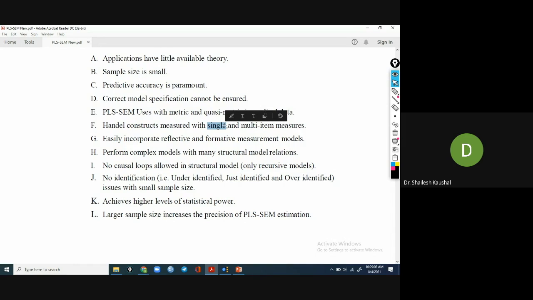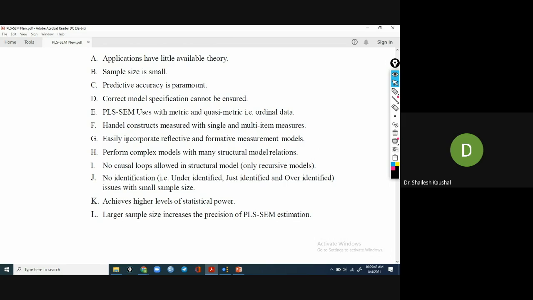But in CBSEM, each construct should have three or more questions, because if we take two questions per construct in CBSEM, the model would be under-identified and we cannot run the model. The model will not run through the CBSEM technique in AMOS. But in PLS SEM, in SmartPLS, we can run it even if my indicator has only a single variable.